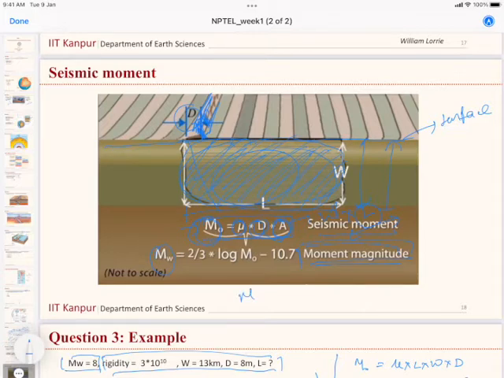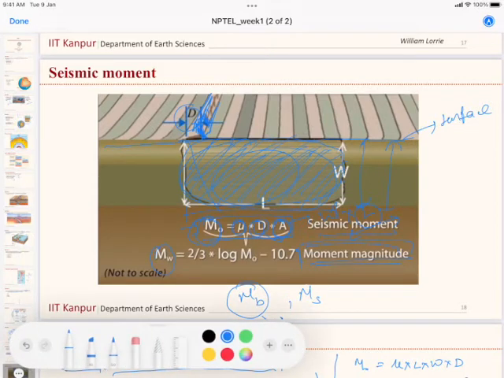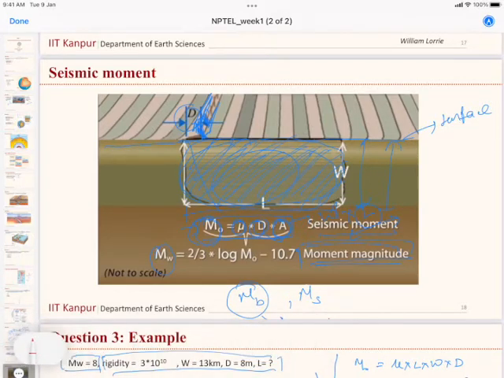There are two other methods: first is mb and another is Ms. For mb we calculate the amplitude of body waves, and that's how this b comes into the picture, and Ms is for the surface waves.